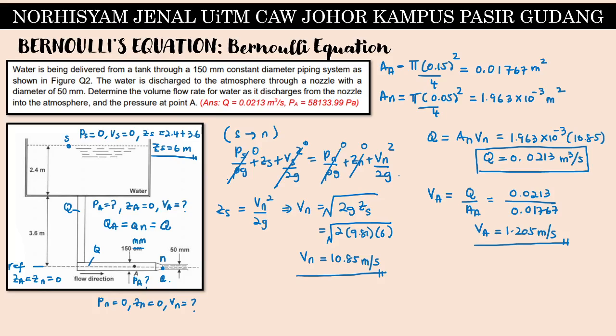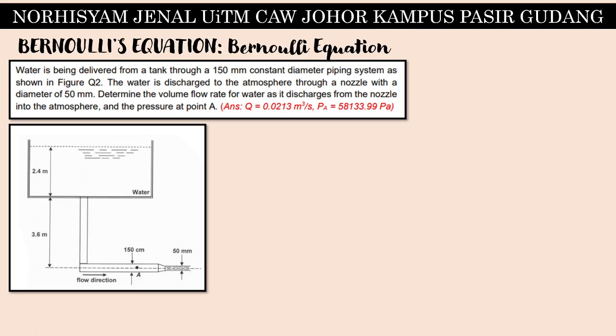Next, we do the calculation for the Bernoulli equation in terms of point A and also point N or point S. So I prefer point S. So between S and A, the Bernoulli equation will be, okay, we can cancel out VS, which is 0.